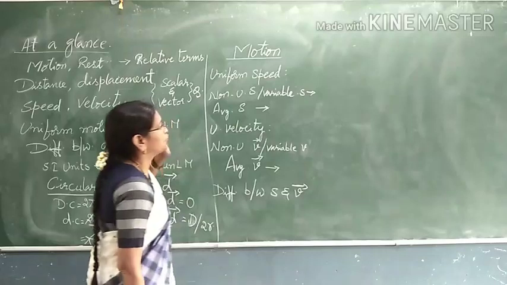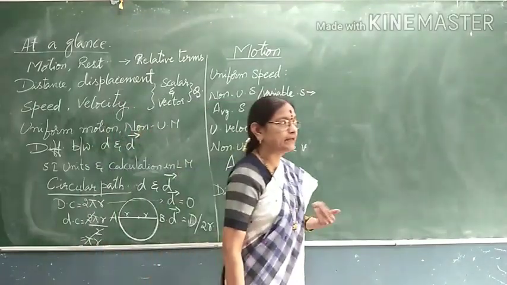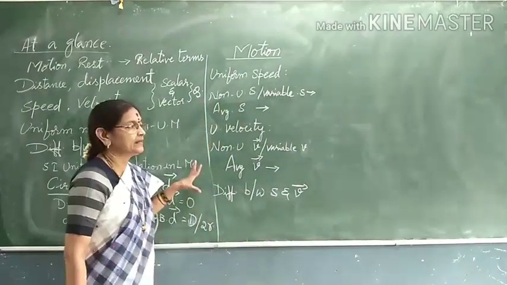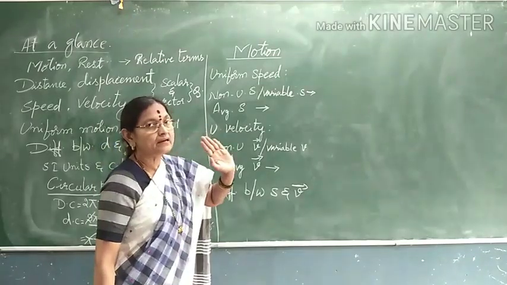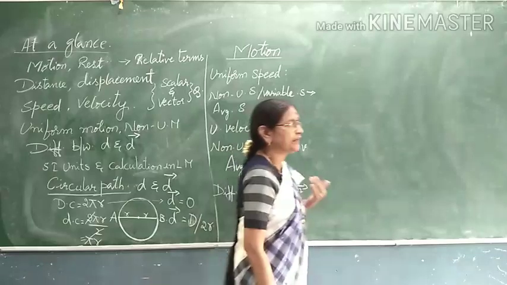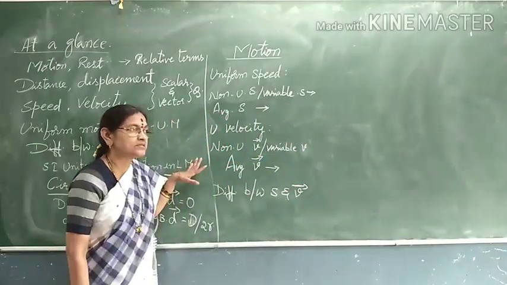Before going to uniform speed, yesterday we have already studied what is speed. Rate of distance, or mathematically, speed is distance covered by time. That is, the distance covered by a moving body in unit time is called speed. What is velocity?